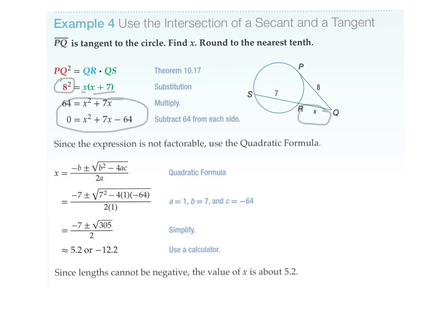First and foremost, before you start doing the quadratic formula, always see if you can factor it first. All right, do two numbers multiplied together make 64 with a difference of 7? Well, in this case the answer is no, so you have to use the quadratic formula. You come down to solving it, you should have a plus and a minus. Well, you cannot have a negative distance, so you use the 5.2.